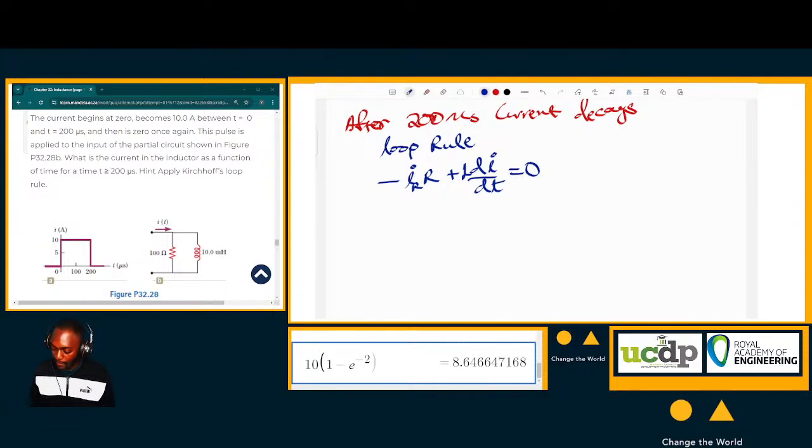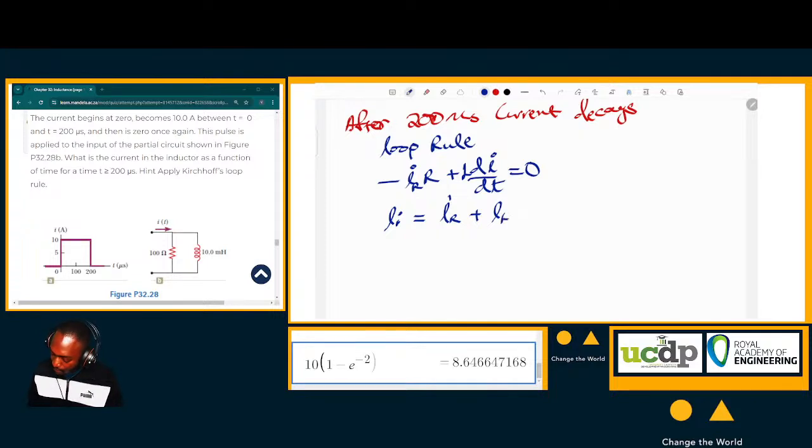It's 0, sir. It's 0, which means that from the equation that we had earlier on, remember we had said I is equal to IR plus IL.